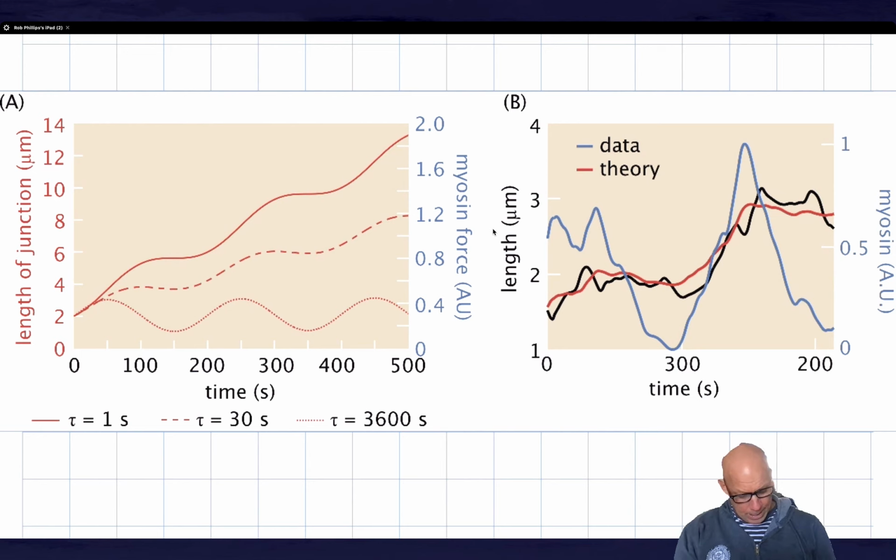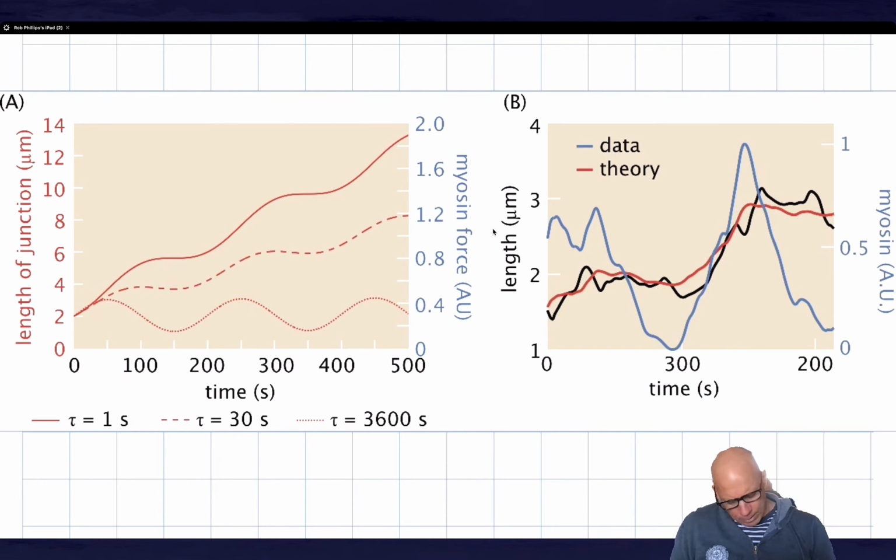Over on the right-hand side is shown what happens if you actually use the experimental value of myosin. You can convert myosin into applied force, and then compute the theoretical elongation. In other words, this data is for myosin. You plug that into the dL/dt equation, and then you can compute the red curve, which tells you the length as a function of time.